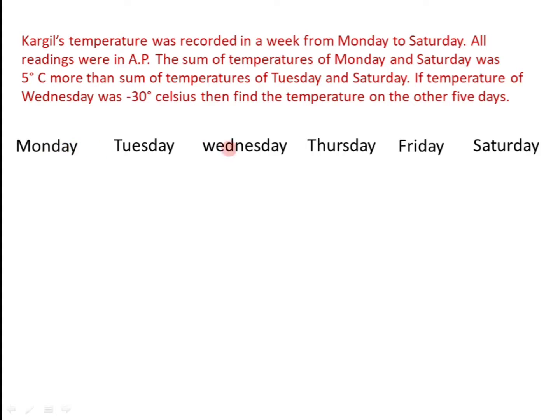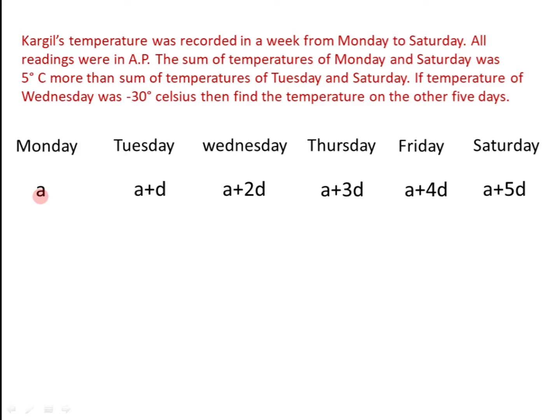So we have these 6 days for which the temperature of Kargil is recorded, and we have supposed temperatures on respective days are A plus D, A plus 2D, and so on. For all these variables A and D, where A is the first term and D is the common difference, we have found that we have to just replace here.